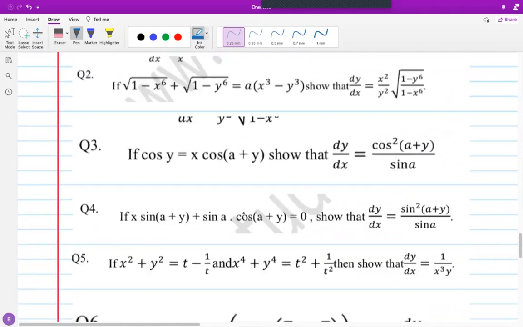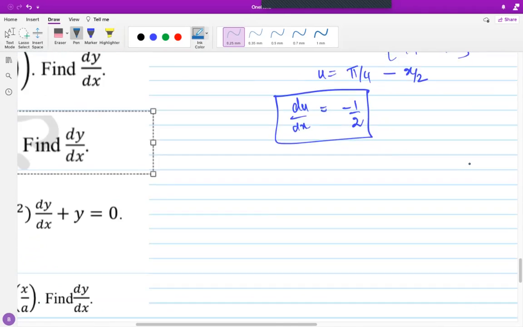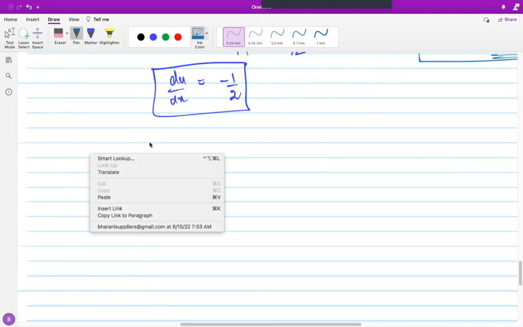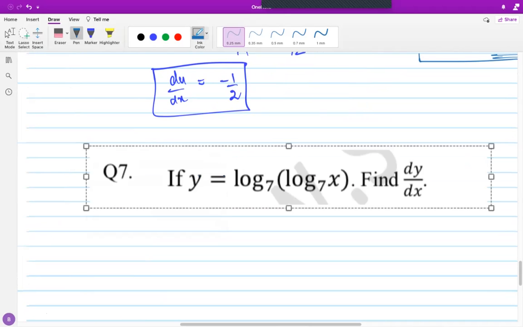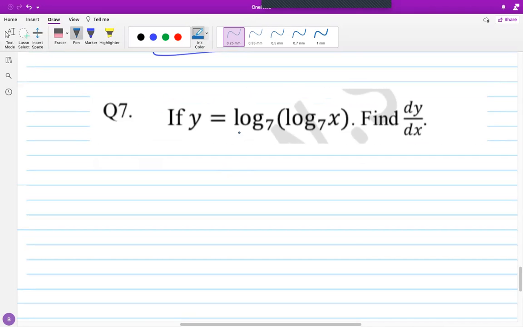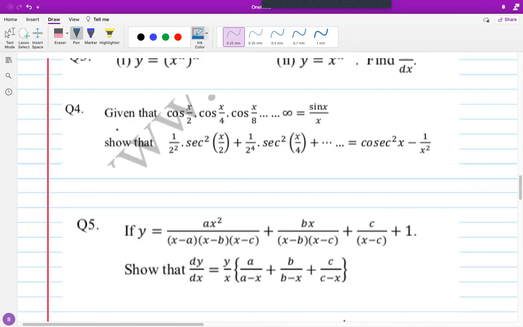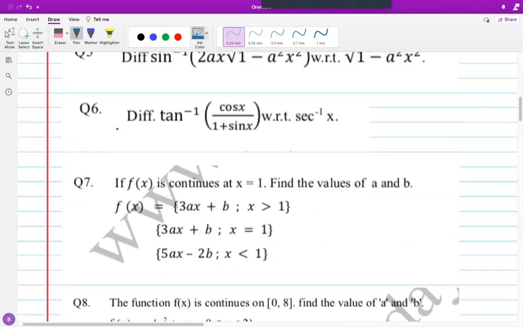Next, question number 7. Yes, students. This is a continuity question, like logarithm. I have taken it from another section, already done. So section A, 7.